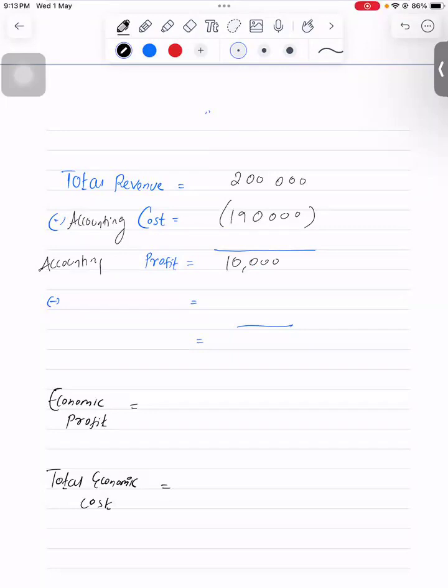Okay, total revenue 2 lakh. Accounting cost 1,90,000. Accounting profit will be 10,000. So this is your profit after tax. Now from profit after tax, what we need to do? We need to adjust opportunity cost.